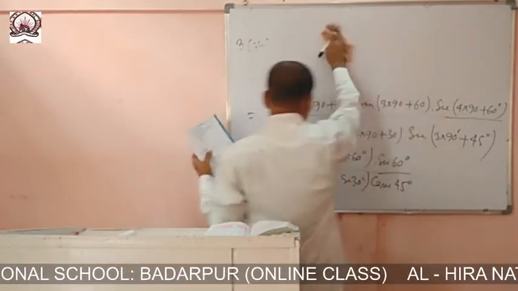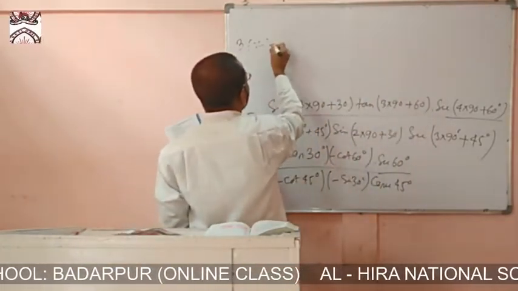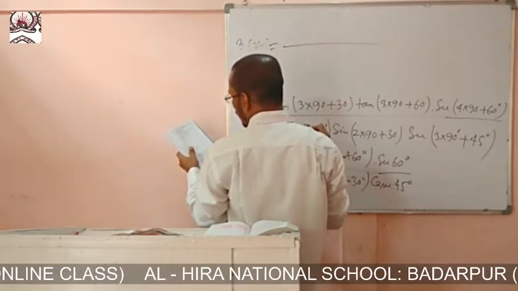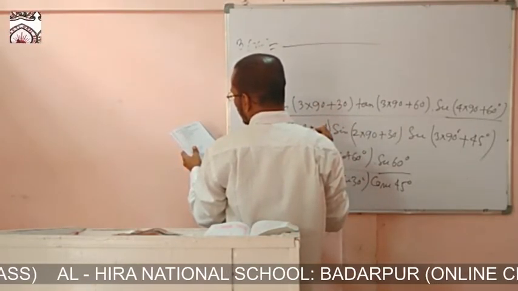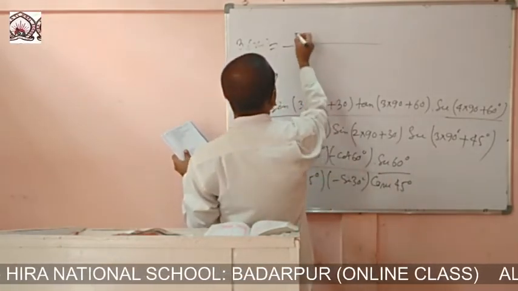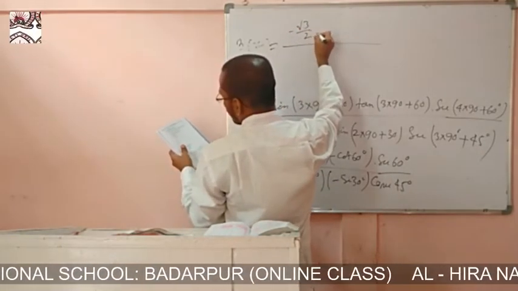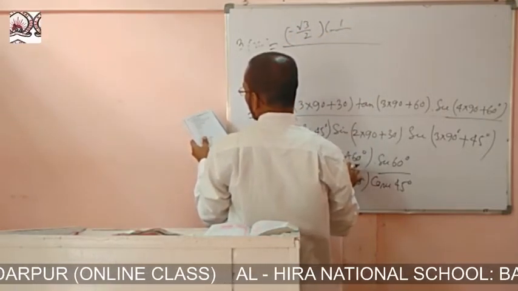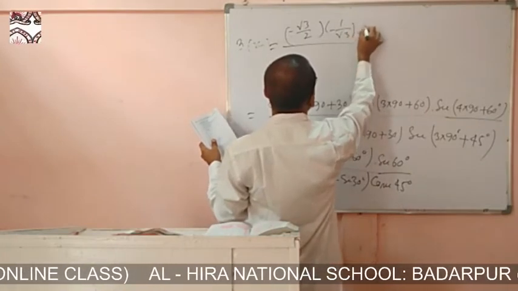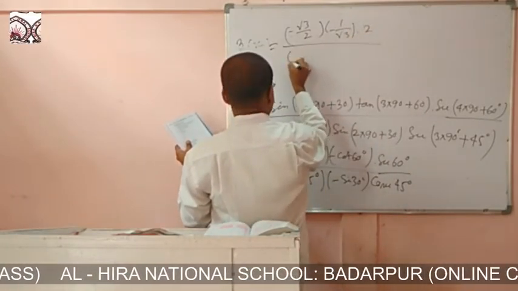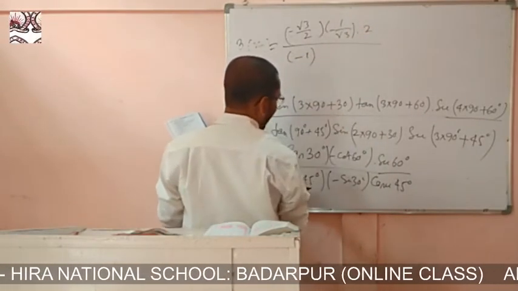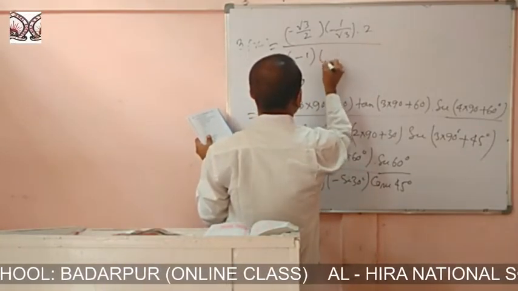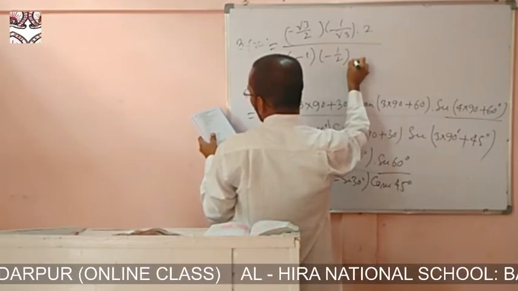So if we put the value, then this is minus cos 30, so cos 30 degree is minus root 3 by 2 into minus cot 30, this is minus 1 by root 3 into 2, and this will be minus cot 45 minus 1, and sin 30 degree will be minus half, and this is into root 2.